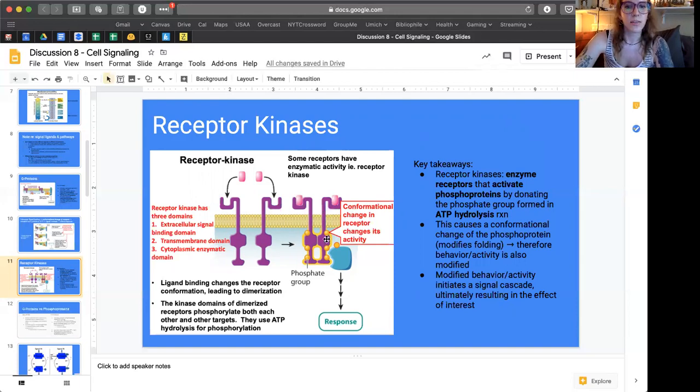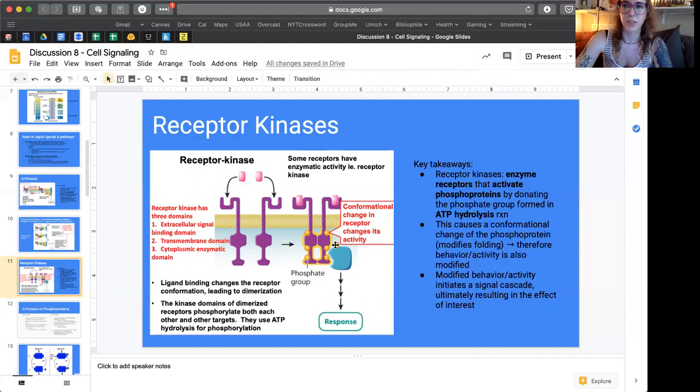So this is going to allow phosphorylation to happen. It's going to hydrolyze ATP, so ATP is going to be broken down into ADP. And so we'll have that extra phosphate group from that reaction. And then that extra phosphate group is donated to what's called a phosphoprotein. And here, in this case, the phosphoprotein is what leads to the rest of the pathway.